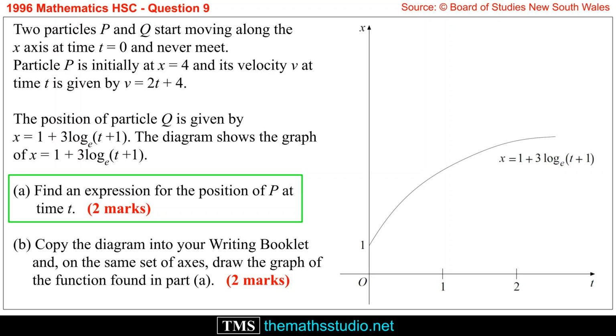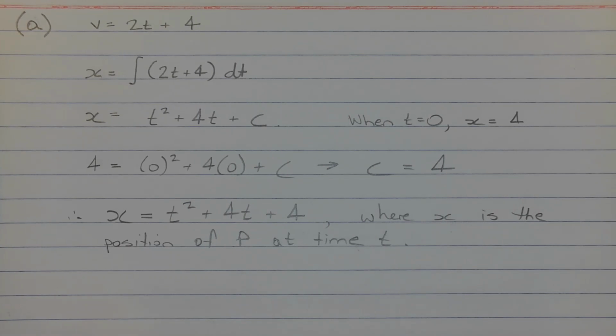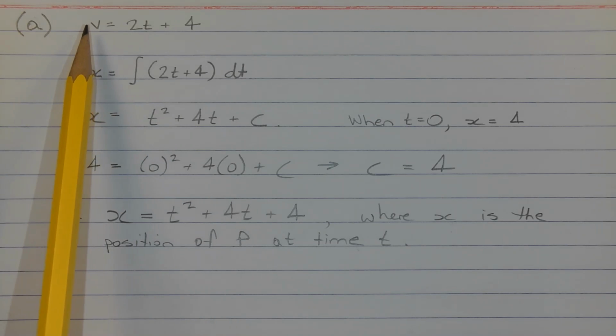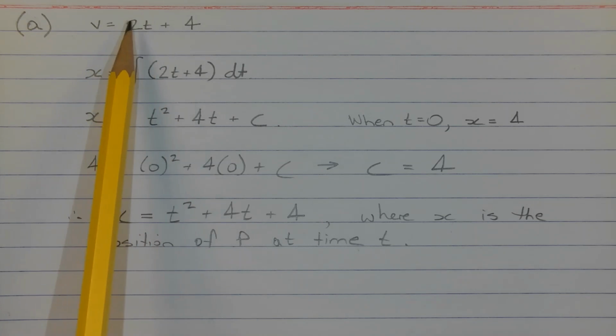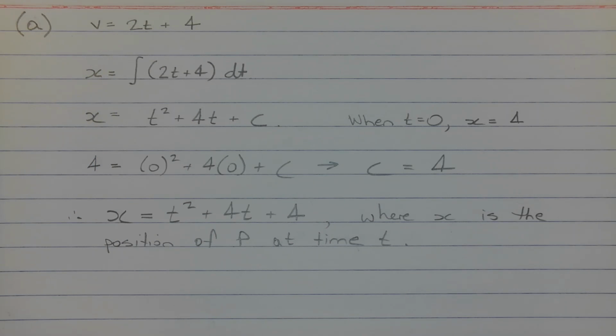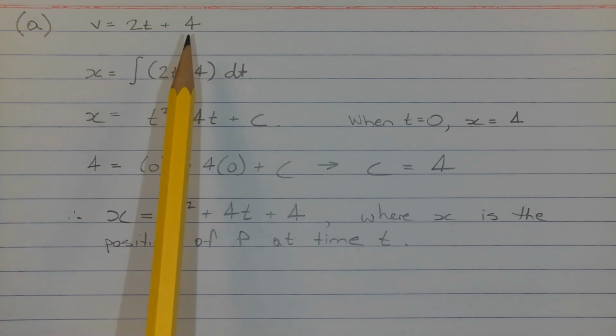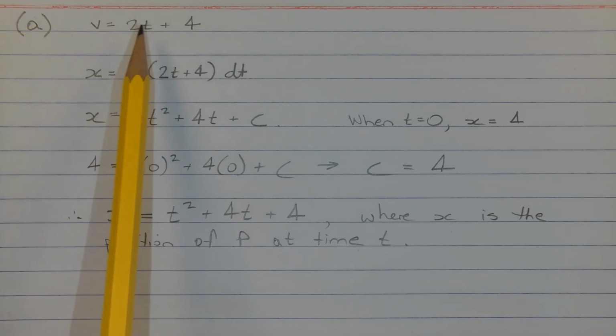Find an expression for the position of P at time t. We are given an expression for the velocity of particle P with respect to t, and we have the velocity v is equal to 2t plus 4. To find an expression for the displacement or the position of particle P with respect to t, we need to find the primitive of 2t plus 4.